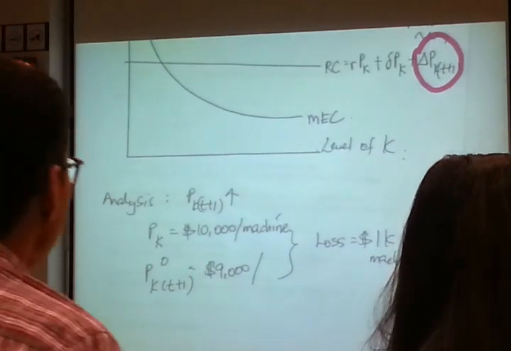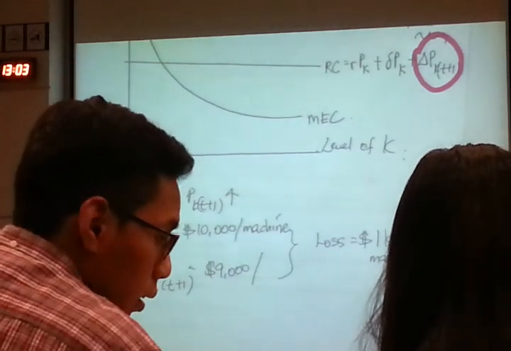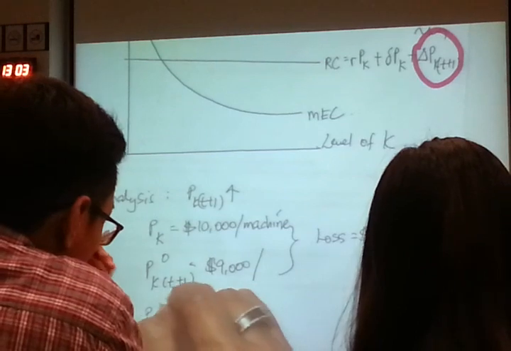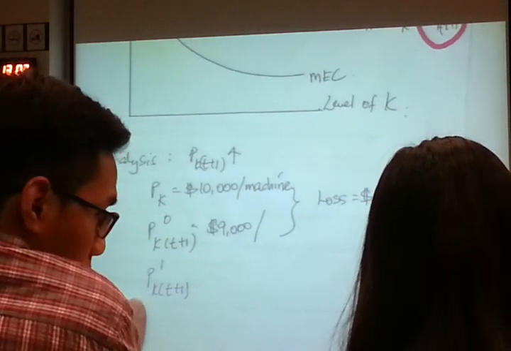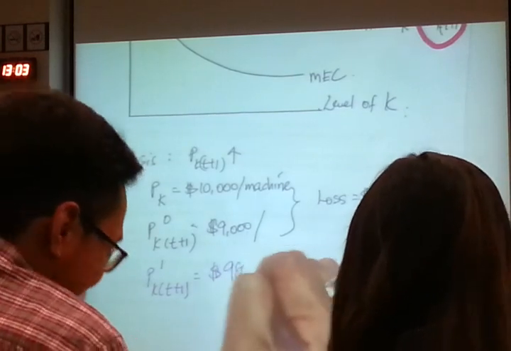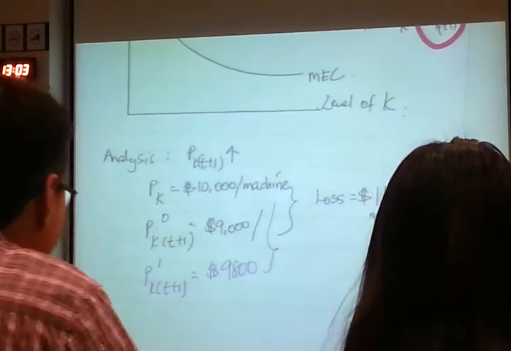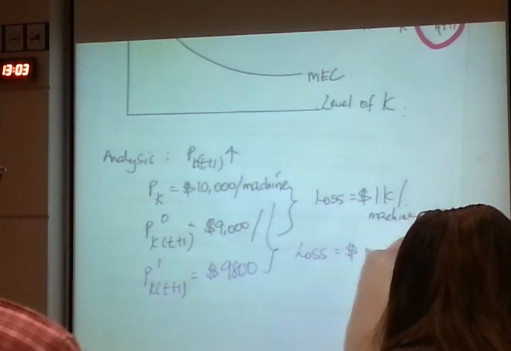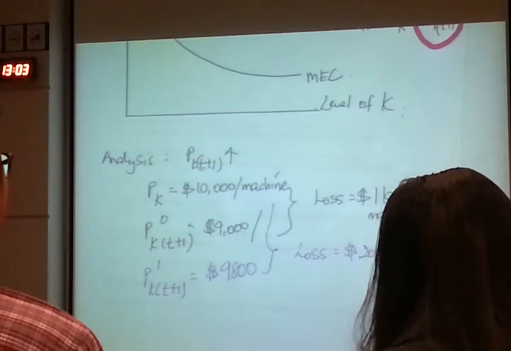So explain in a numerical manner. But now PK(t+1) went up. So instead of selling it at 9,000, the price went up to 9,800. And you can see your loss now is only $200 per machine.